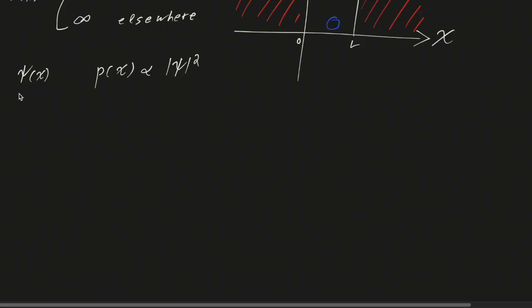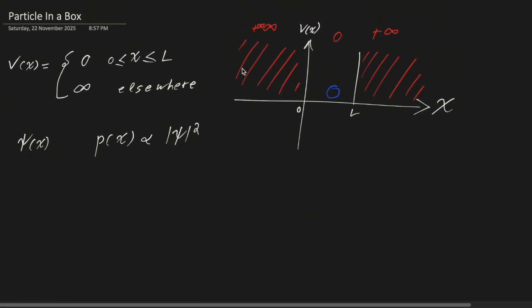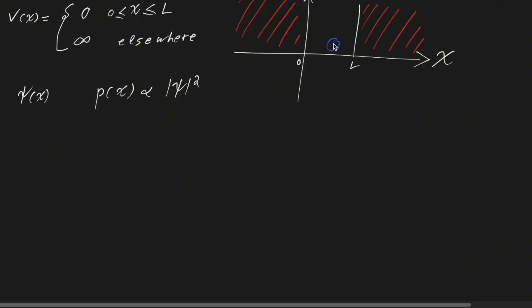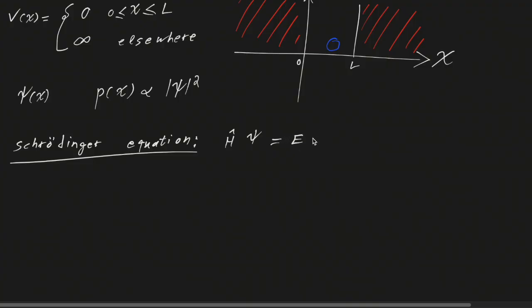And in order to calculate psi of x, the energy eigenstates for, let's say, a particle in a box, we will have to use the Schrödinger equation, and specifically the time-independent Schrödinger equation, where if you apply the Hamiltonian on psi, it gives you the energy eigenvalue multiplied by your wave function psi, where psi is an energy eigenstate.